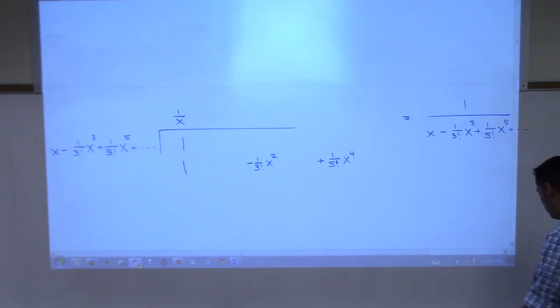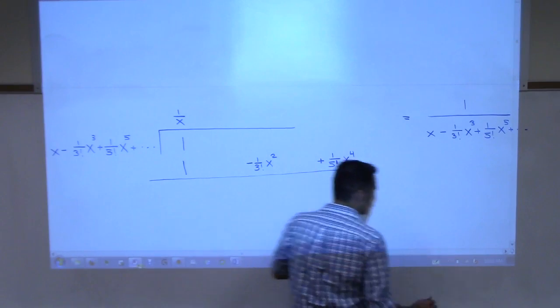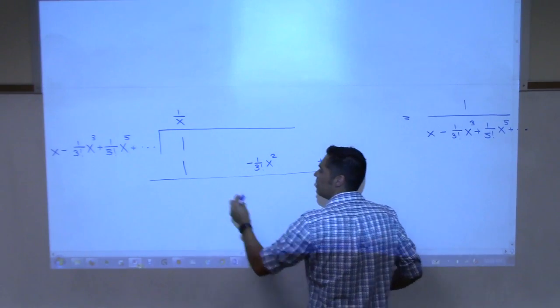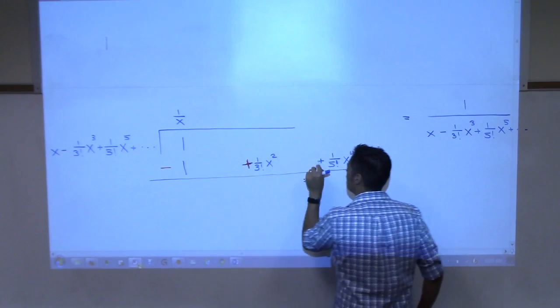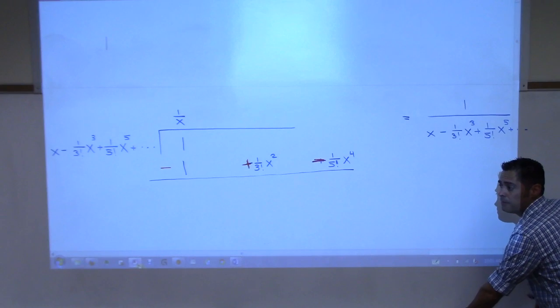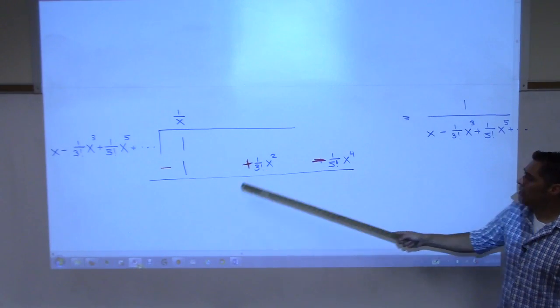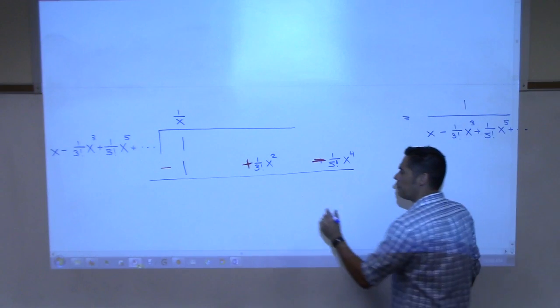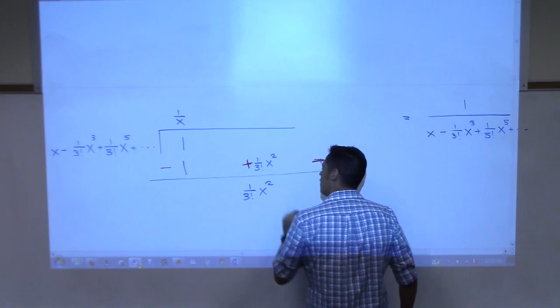Now what do you do with long division? Now you add them. We're subtracting. You subtract the rows, right? So you change the signs on everything. This is going to become minus, this is going to become plus, and this one's going to become a minus. And then you add straight down, don't you? Yeah. So if I add down, I get 0. Add straight down here, I get 1 over 3 factorial x squared.